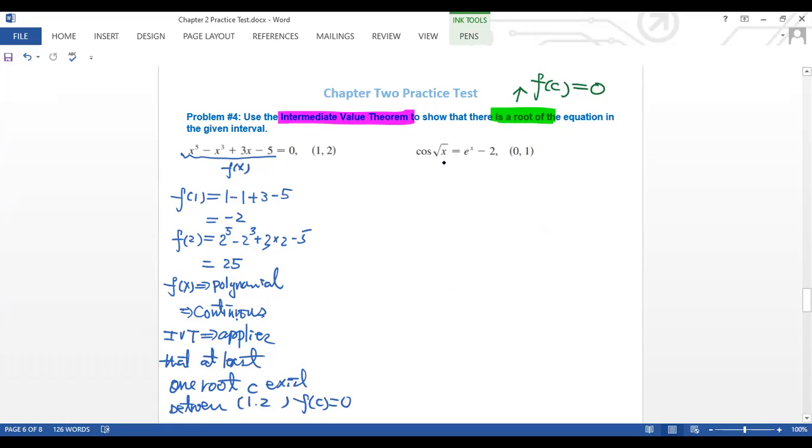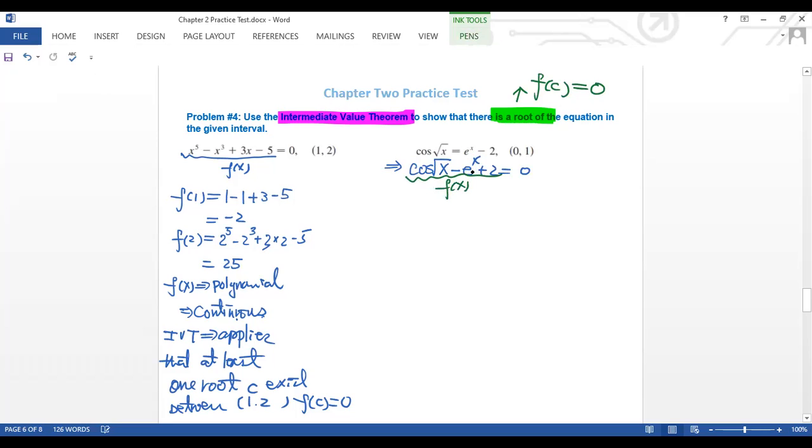All right, let's take a look at the next one. This is cosine of x equal to e to the x minus 2. What I can do is change this to cosine x minus e to the x plus 2 equal to 0. Now I can say this is my f of x.